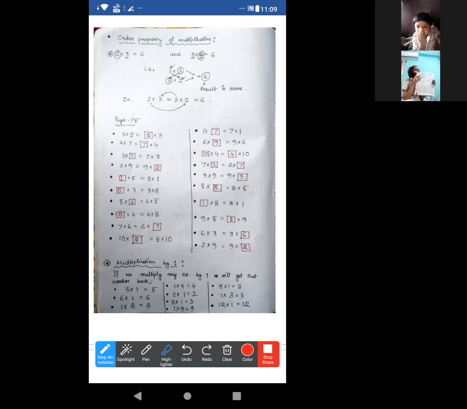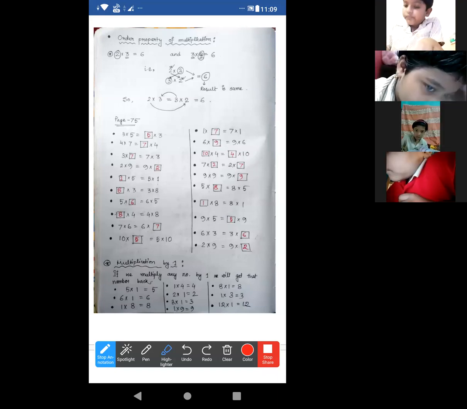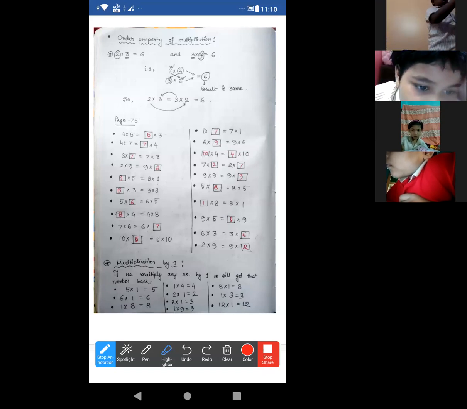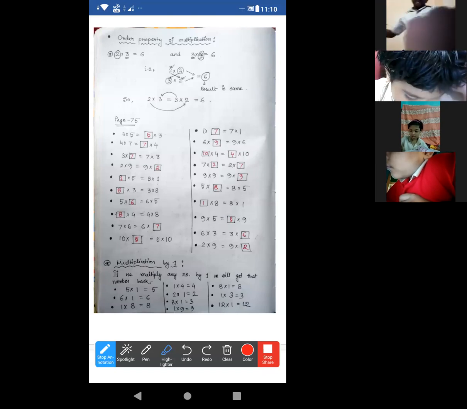Yes, Tamanna, haan, good. But you have to do this in your copy, not in book. Tamanna, Sheikh Tamanna, okay? Don't do it in book. If you have done already in book, then in the copy you have to do again right now. Okay? Rishabh, are you doing so?